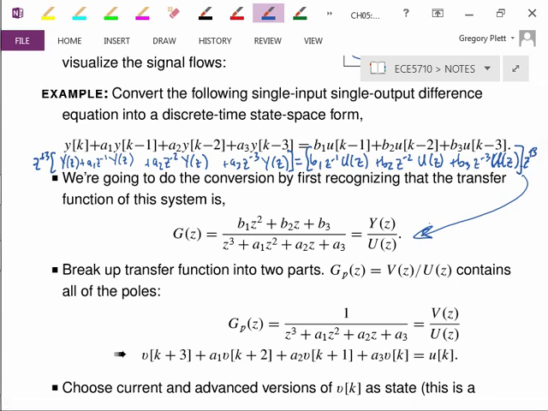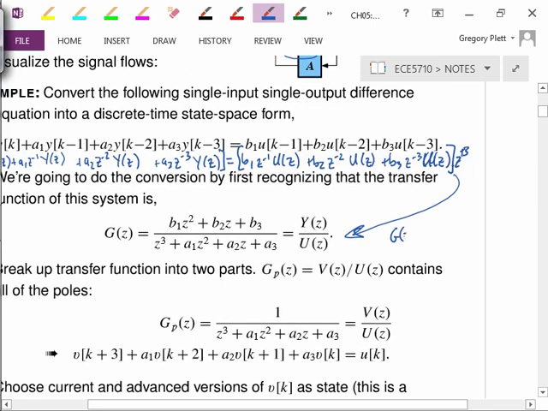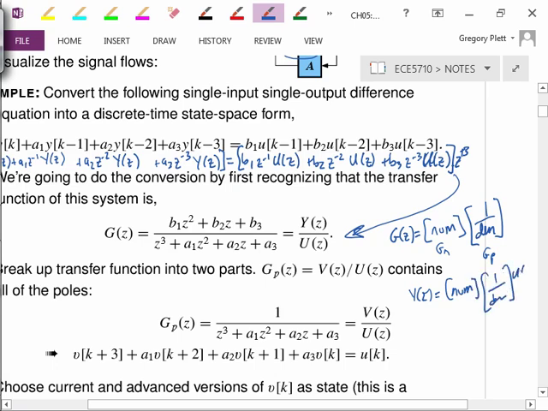So I'm going to factor this system in a certain way so that I can write g of z equals the numerator times 1 over the denominator, and that means y of z is equal to the numerator times 1 over denominator times u of z.